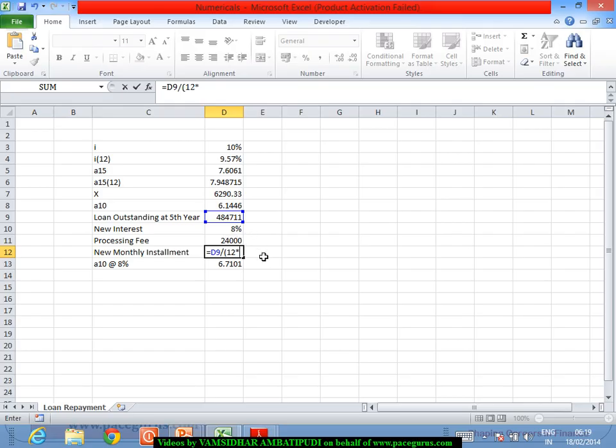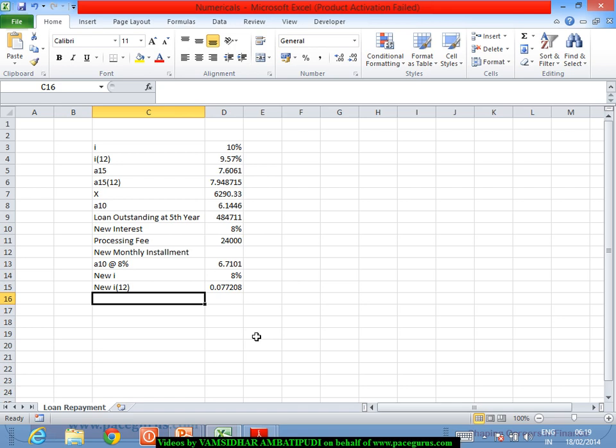But this time I need i at the rate of 8%, right? So the new i is 8%. So from here I'll get new i12 as 12 times (1 plus i to the power 1 by 12 minus 1). So this will give me the new i12.